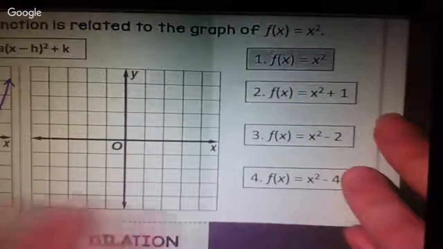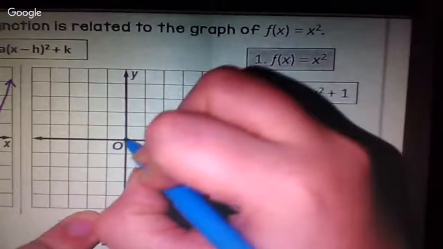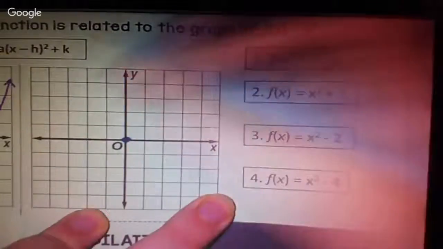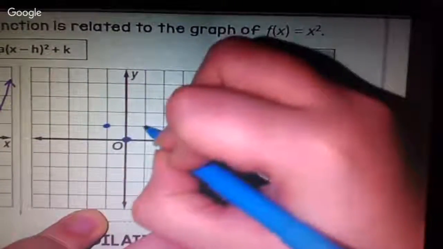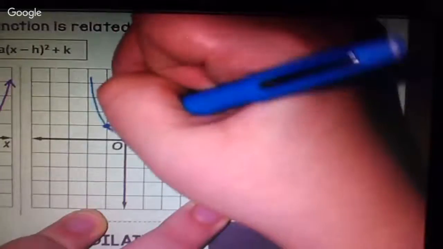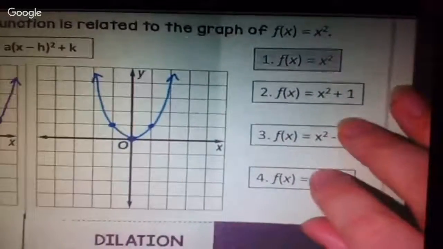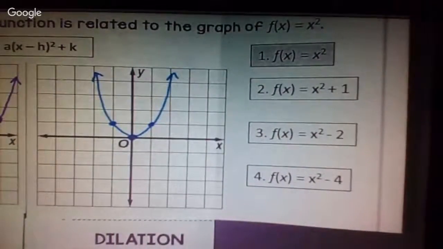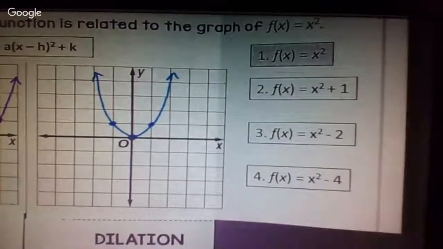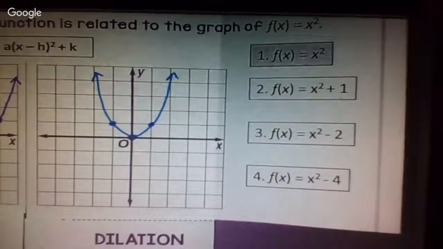So if we open up this flap, again, we start with that original equation. So x squared. So you have a vertex at the origin, 1 point to the left and 1 point to the right. Okay. In number 2, I've got x squared and then plus 1.